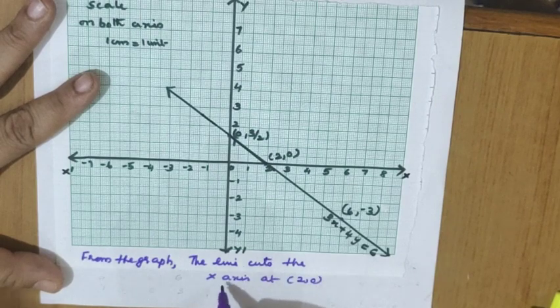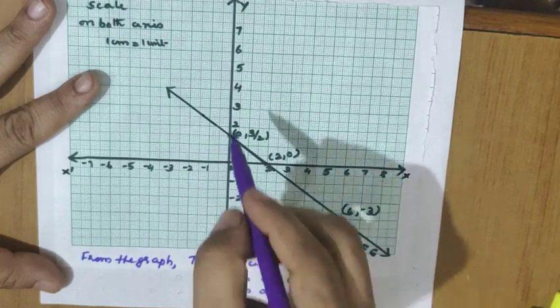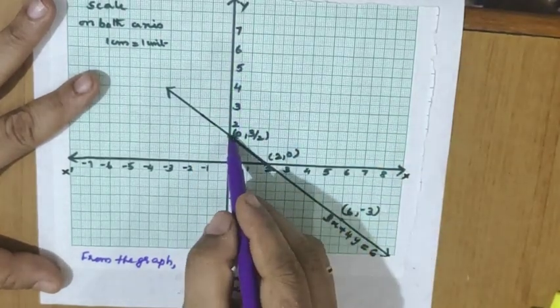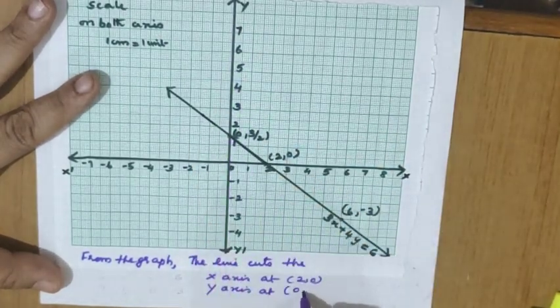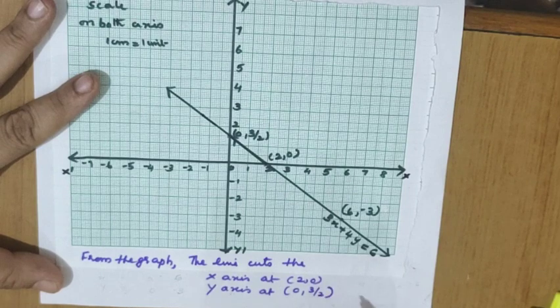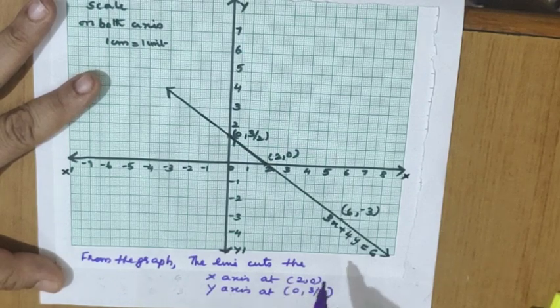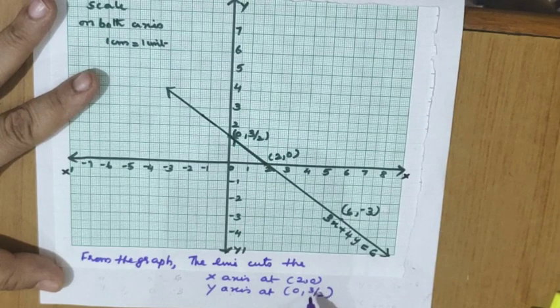Now the question is also asked for the y-axis. See that on the y-axis where it is cutting: 0 comma 3 by 2, that means 1.5, right? So this is also a sub question, so we have to write that answer. So from the graph the line cuts the x-axis at 2 comma 0, and the y-axis at 0 comma 3 by 2.